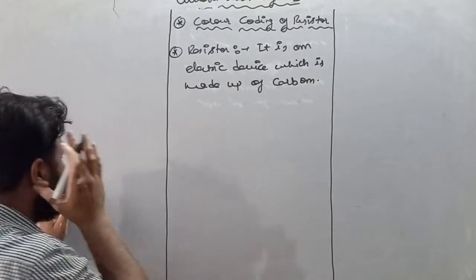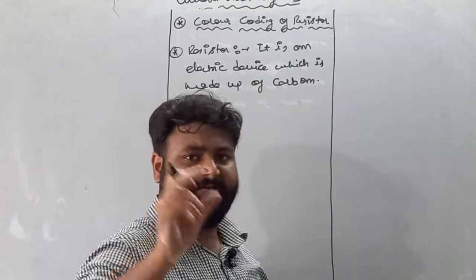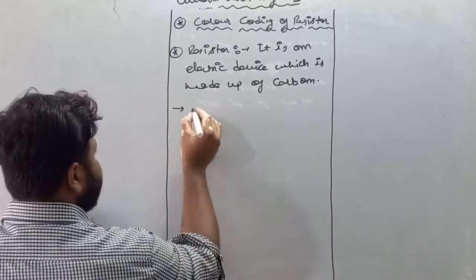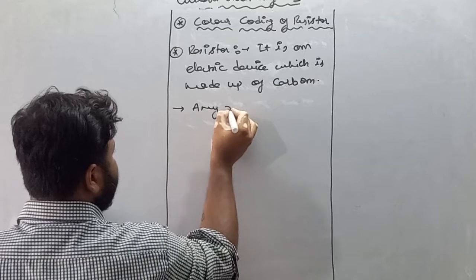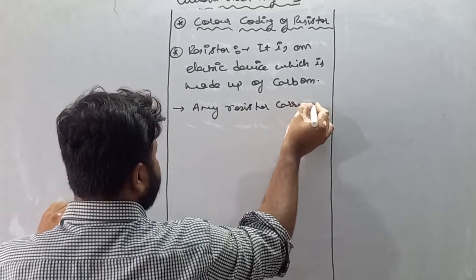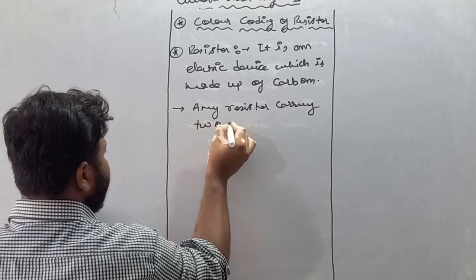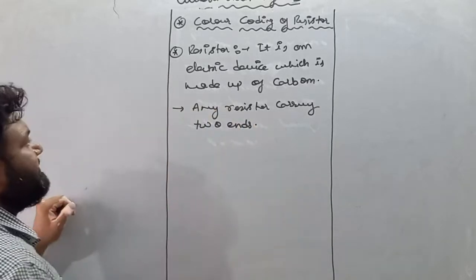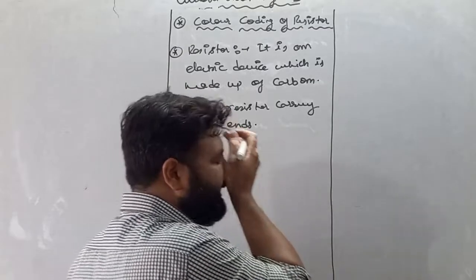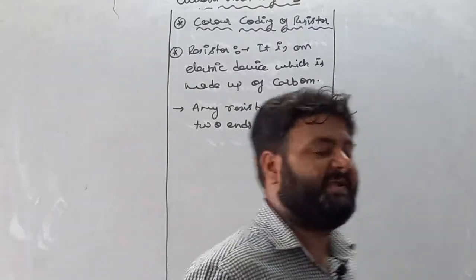Basically, my dear student, a resistor is made up of carbon. And see, any resistor carries two ends. Basically every resistor carries two different ends.